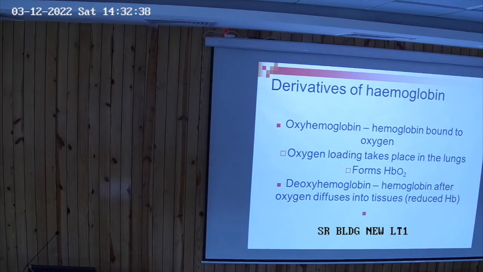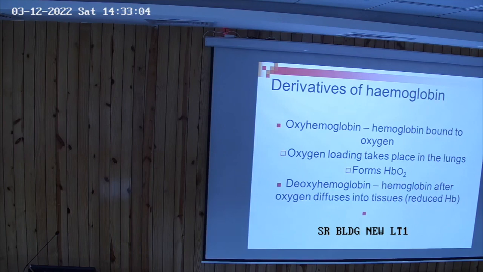If it has too much, it will not be suitable for easy exchange of gases. Once oxygen combines with, suppose, the alpha 1 chain, it will give a beneficial effect and the other alpha 2 chain will automatically get faster combination with oxygen. So it is a heme-heme type of interaction.